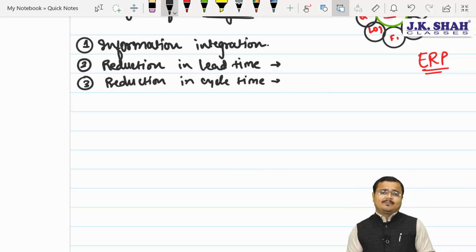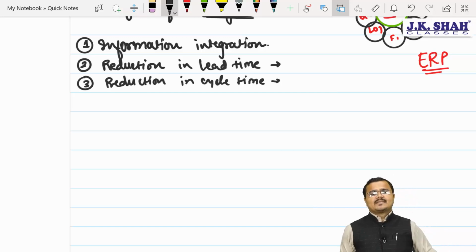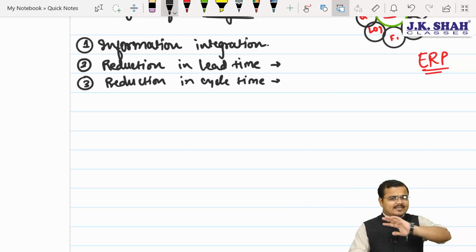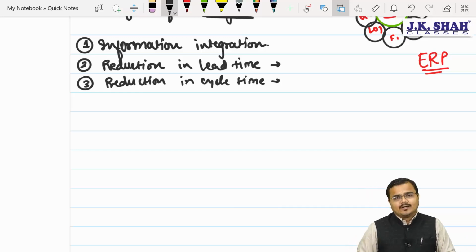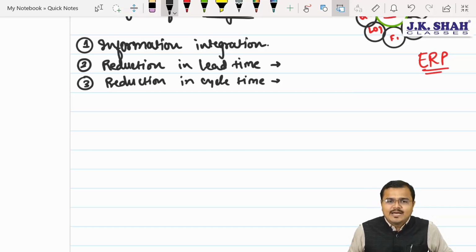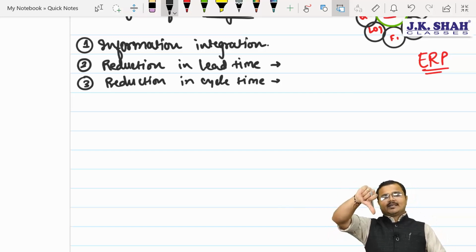Sir, cycle time. But under the ERP system, all the departments are completely automated in their functioning, in the way they transfer the data. And that enables you to complete the transactions very quickly, and that reduces what? Cycle time.